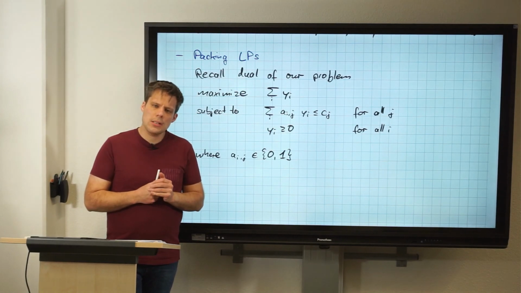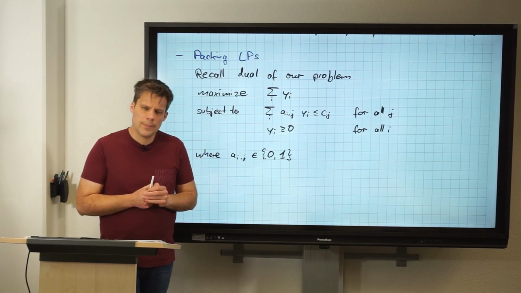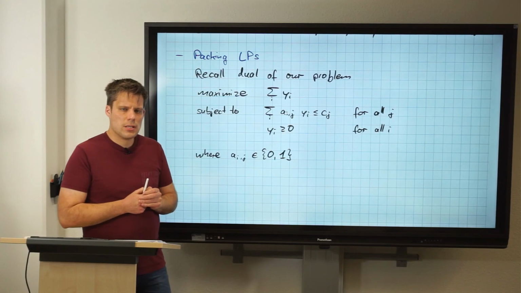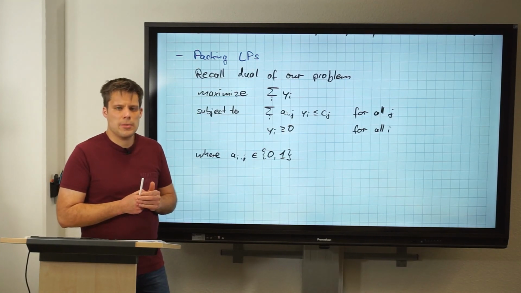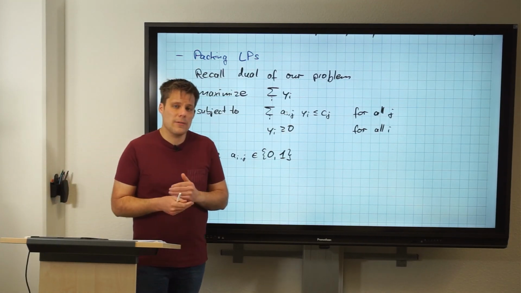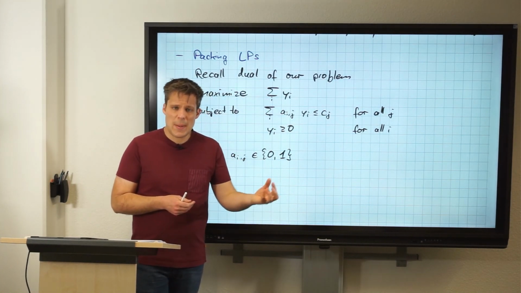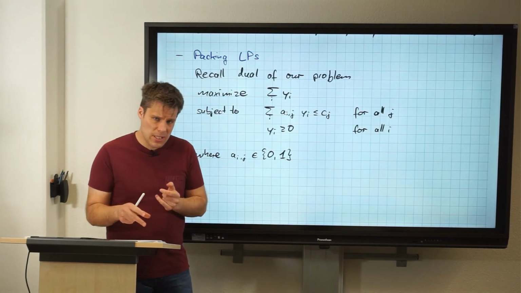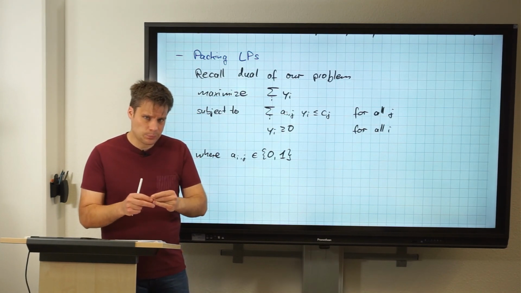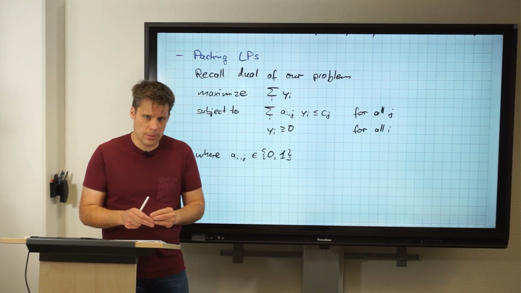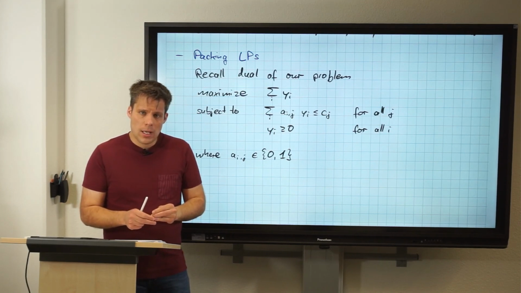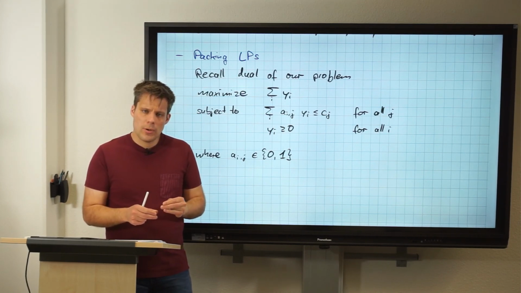Now, what can you do? You can actually use our algorithm for fractional set cover, and I hope you remember, it does not only give you a feasible primal solution, but also a dual solution, which is, if you scale it down, also feasible. What can you do?